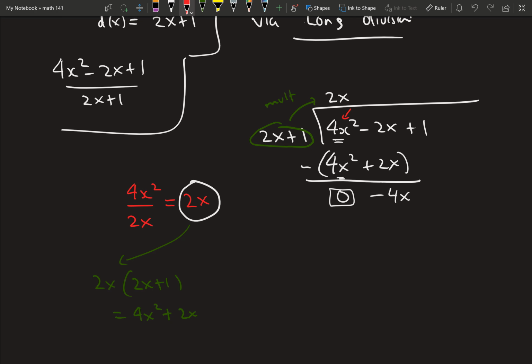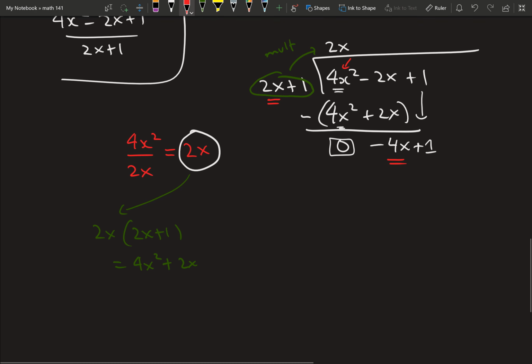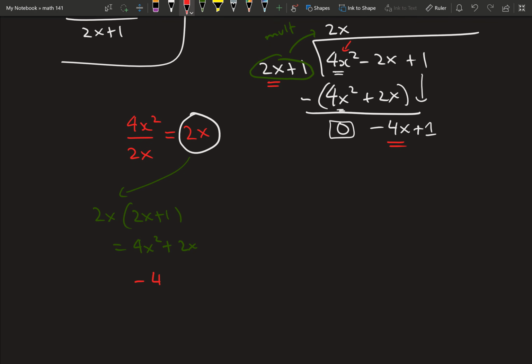We're going to say, okay, my new lead term is negative 4x. What I also am going to do here is drop down this term plus 1. So I have overall negative 4x plus 1. The lead term is negative 4x. I'm going to divide that by the lead term right here, which is 2x again. So negative 4x divided by 2x.